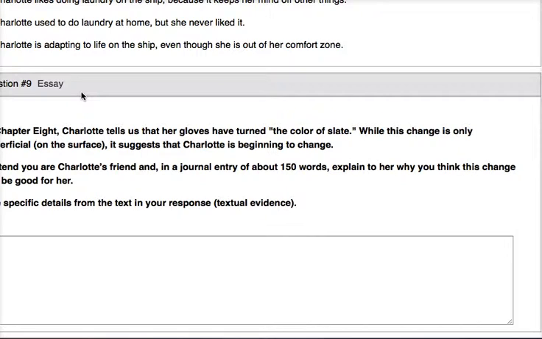So what I want you to do here is use a couple of sentences to explain why the change of Charlotte's gloves turning to the color of slate will be good for her, and then find a quote in the chapter that supports your answer. Okay, that's all you need to do: write a couple of sentences explaining and find a quote. All right, if it's not exactly 150 words, that's fine as long as you do what is asked of you.